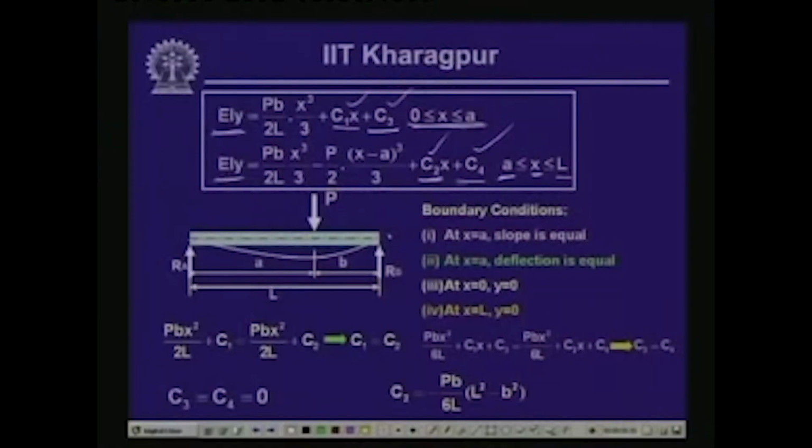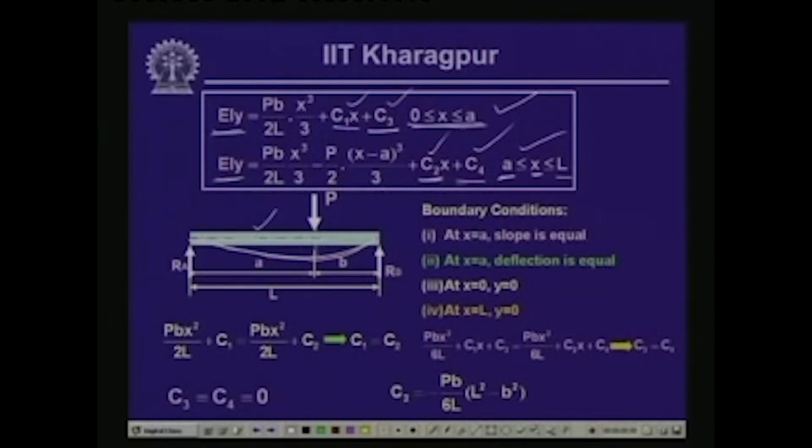Now, let us look into what boundary conditions we can impose for evaluating these unknown constants. Here, if you look at the deflection curve, this is the axis of the beam and this is the expected deflected profile of the beam. At the load point, on the left hand side of the load, one expression is given for the deflection, and on the right hand side of the load there is another expression for evaluating the deflection.